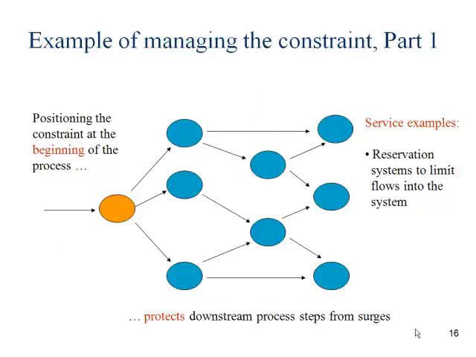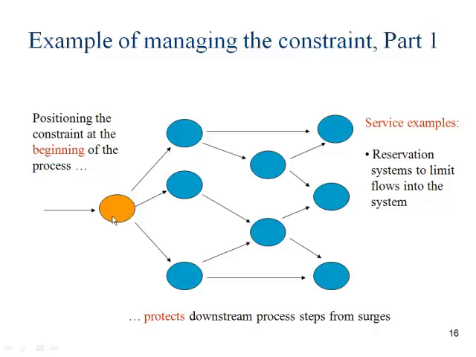Let me give you a couple examples of how we can manage the constraint to our advantage. Suppose I have a fairly complex process flow here. We have work coming in here, goes out to 3 different types of branches and so on. And you can also imagine this being some kind of complex queuing system with multi-servers, multi-phases, etc. Now, what if we position the constraint at the beginning of the process?